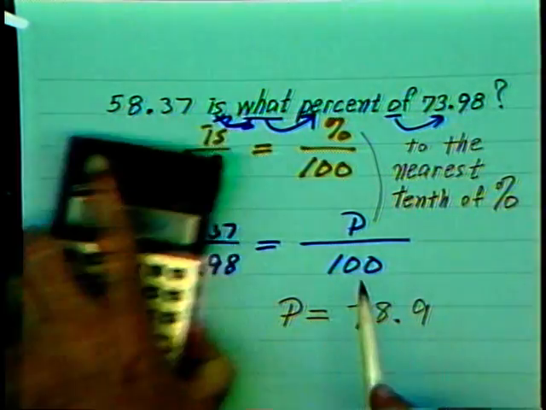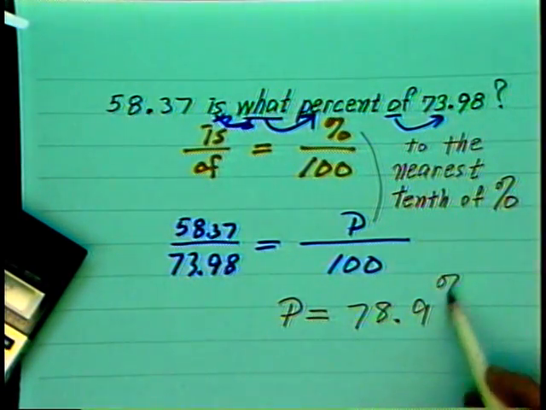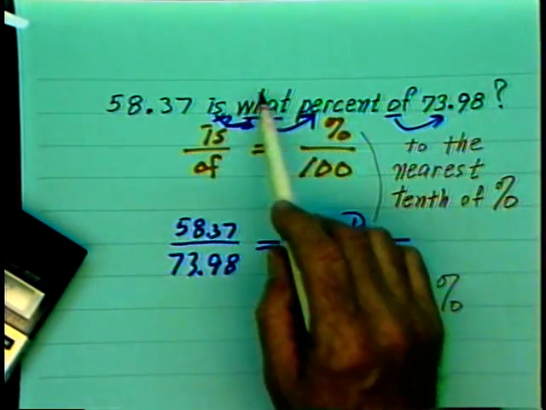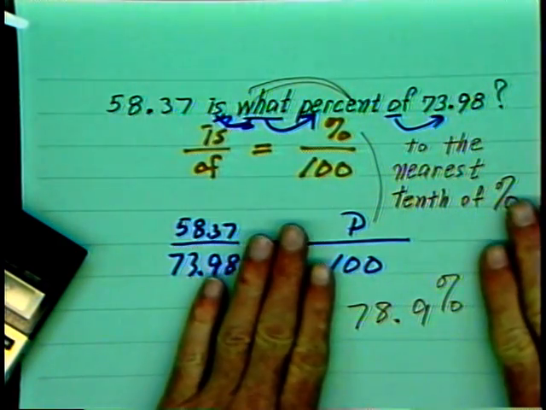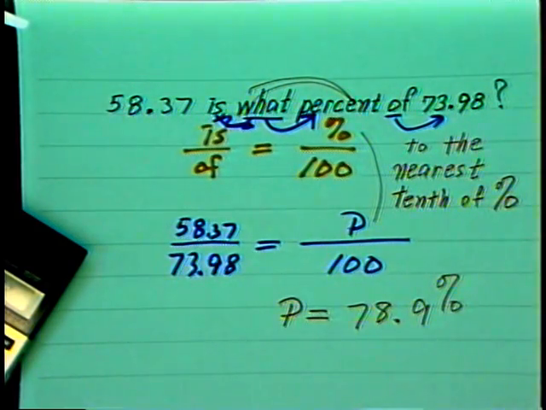So we can say my percent is 78.9. Usually, we stick the percent sign back on just to let them know that it is a percent we were talking about, and to emphasize the fact in our minds that this number and this number are truly quite different.